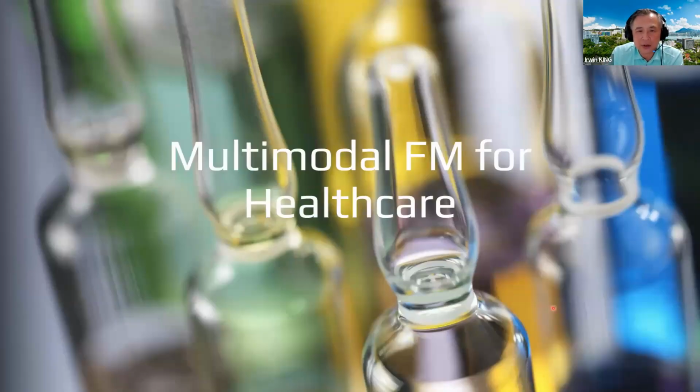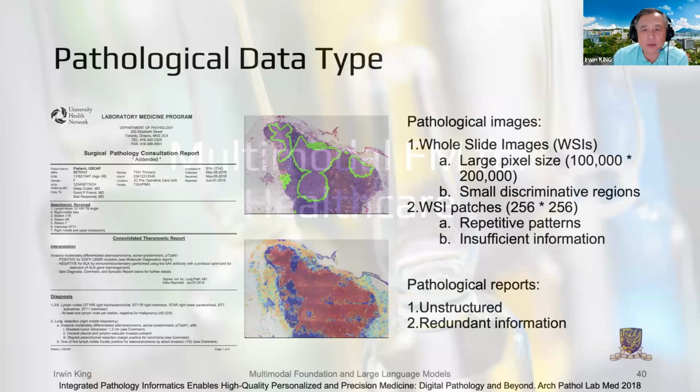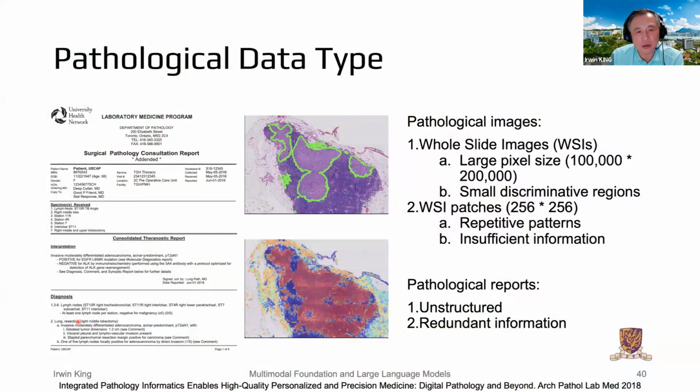And I would like to share the second application here, which is a multimodal foundation model for healthcare. One of the things that we want to do is to associate the doctor's report with images. So we get the doctor's report, and the diagnosis could be lymph nodes and so on and so forth at this segment.